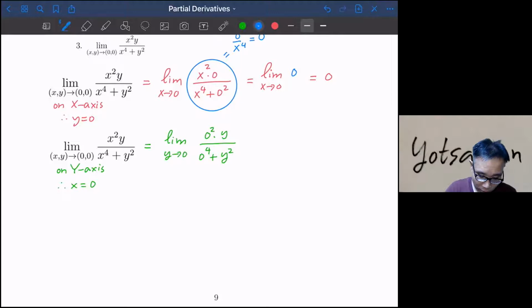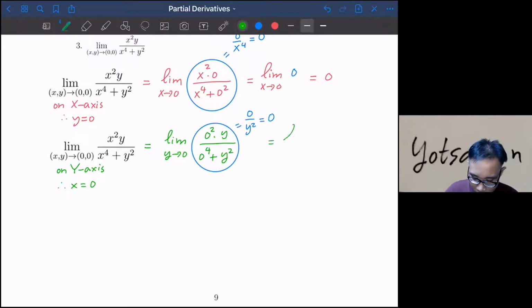And you see the same thing happen here for this term: 0 squared times y over 0 to the 4th plus y squared. This becomes 0 over y squared, and it turns out to be equal to 0.